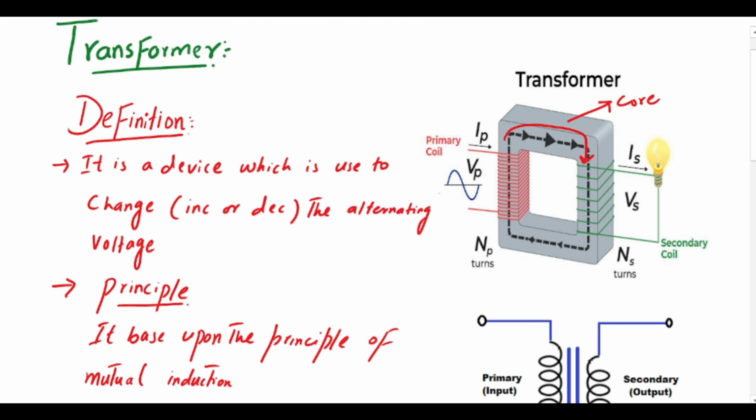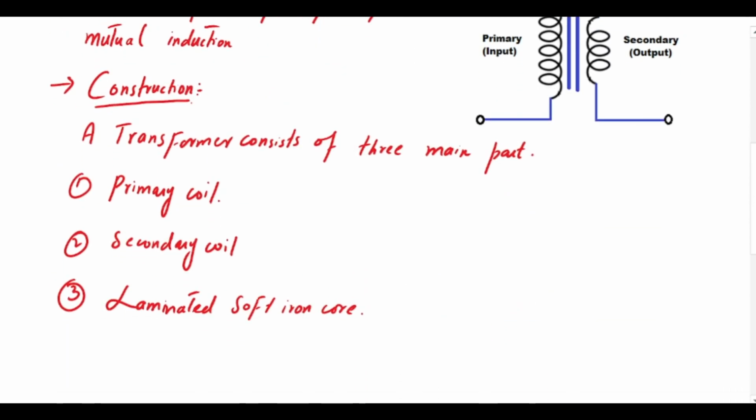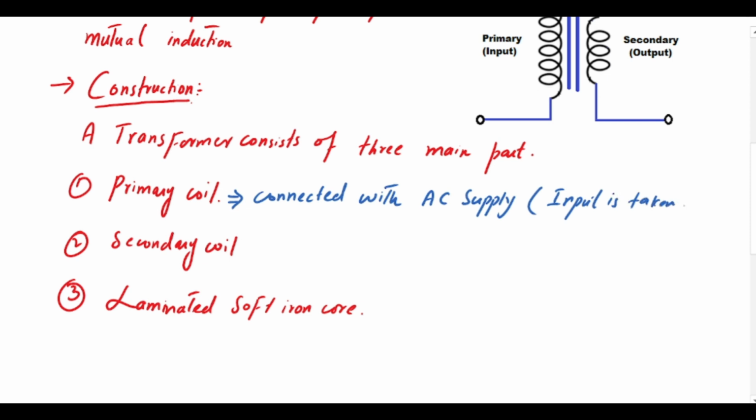So first one is primary coil. Primary coil is connected with the AC supply, which means input is taken to the primary coil.